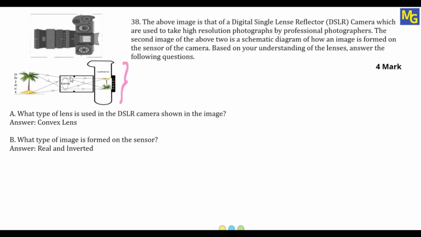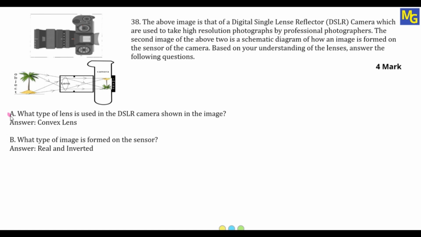You can see this is the lens in the DSLR camera, and it is a convex lens. The light rays coming from the object enter the lens, refract, and here we get the image. We are getting an inverted image on the other side of the lens. Based on this information, we have to answer the following questions.